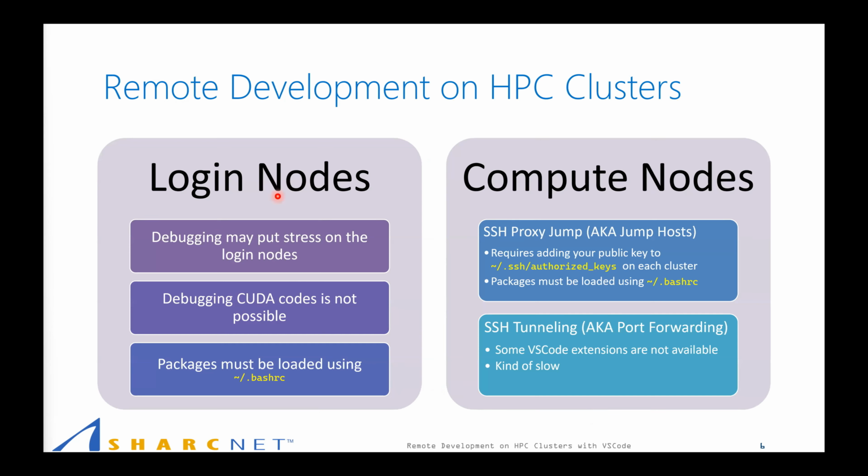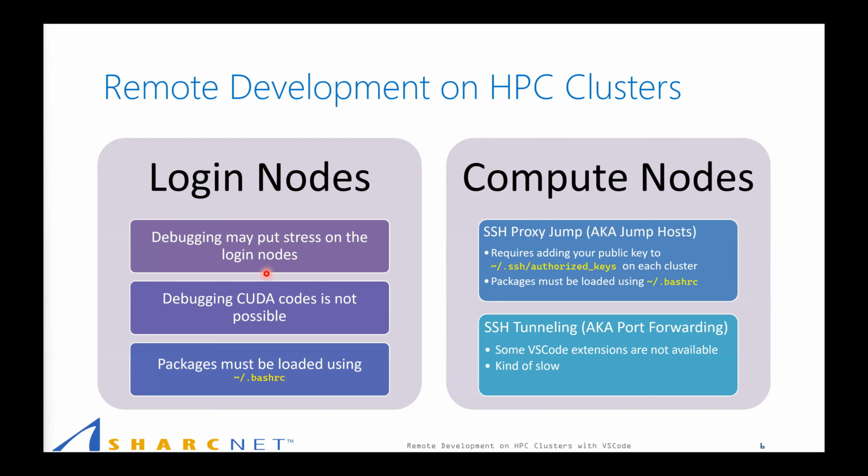Depending on what you want to achieve, remote development on HPC clusters can be done on login nodes or compute nodes. On compute nodes, there are 2 approaches: SSH proxy jump, also known as jump hosts, and SSH tunneling, also known as port forwarding, each having their own advantages and limitations.